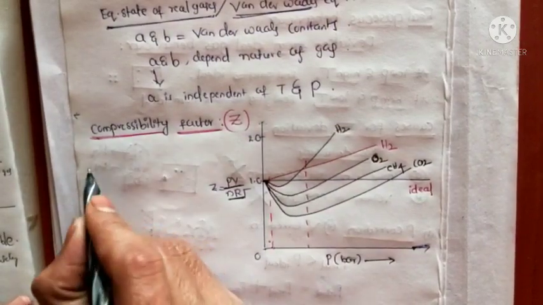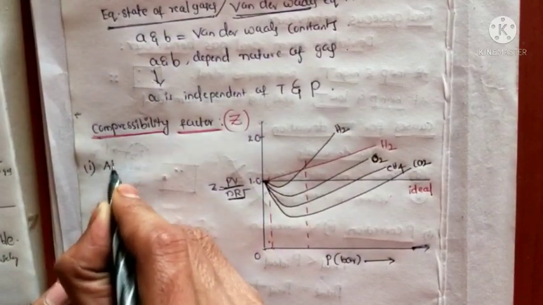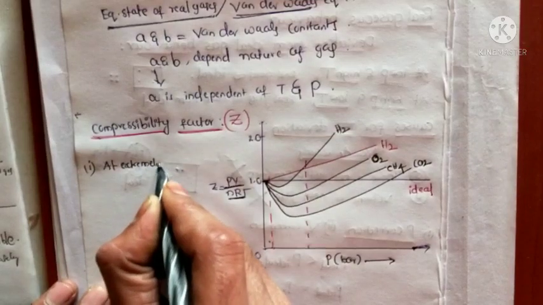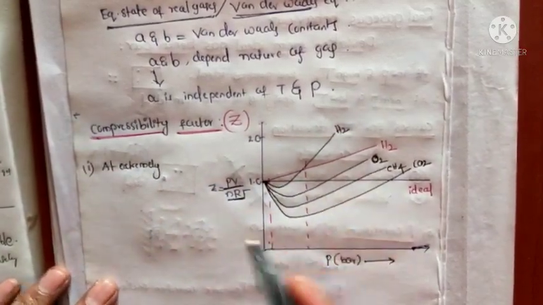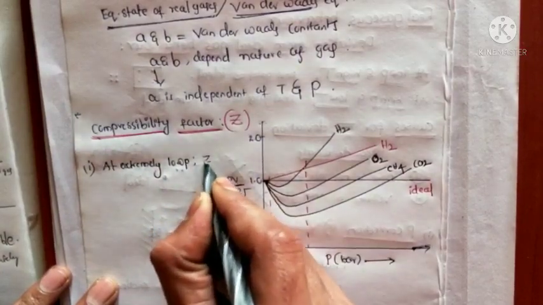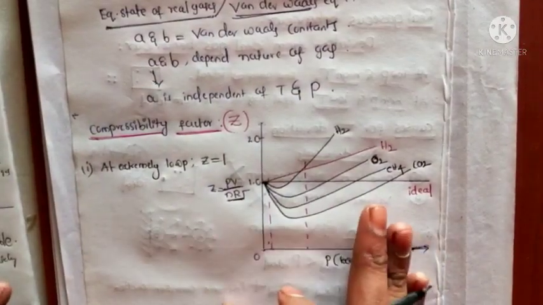So the first conclusion from this graph is that at extremely low pressure, the value of Z is approximately equal to 1.